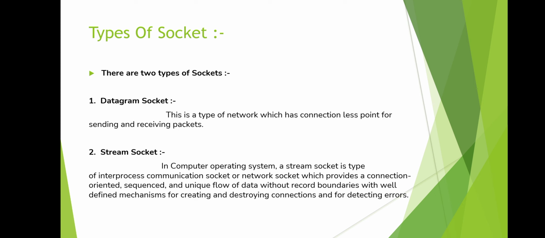And also it is sequenced, and errors are detected. And it is similar to a phone, where a connection is established between the phones and the conversation takes place. In the stream socket there are no other intermediate devices present. It communicates directly between the sender and receiver, directly connected between two devices.